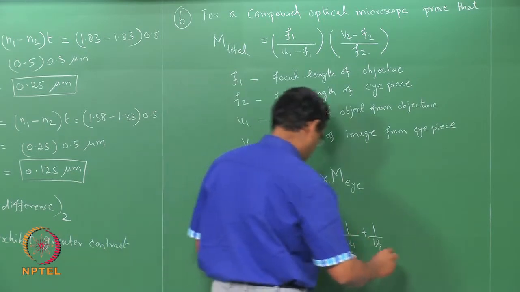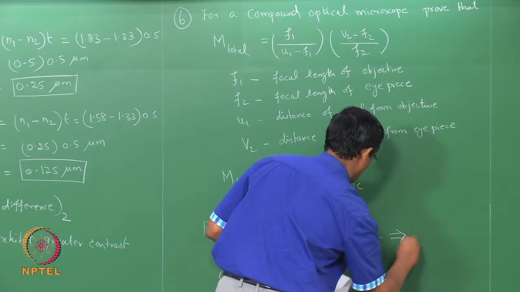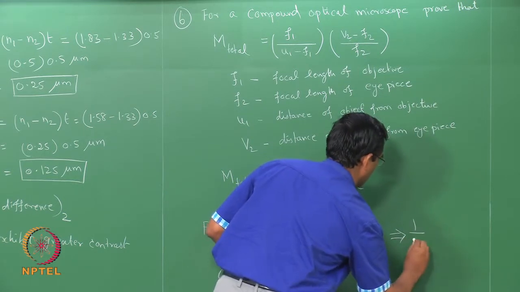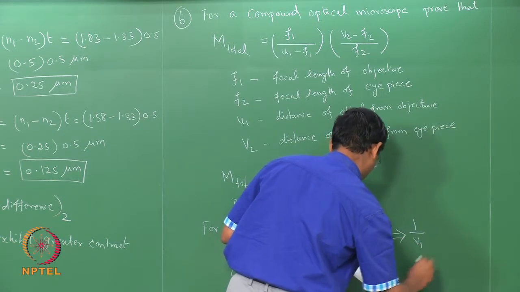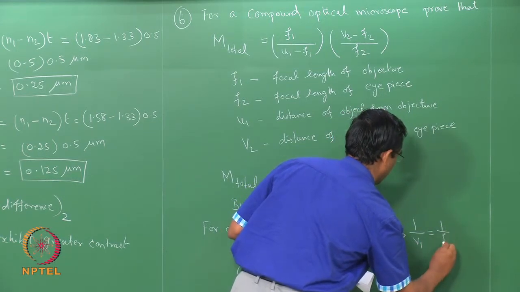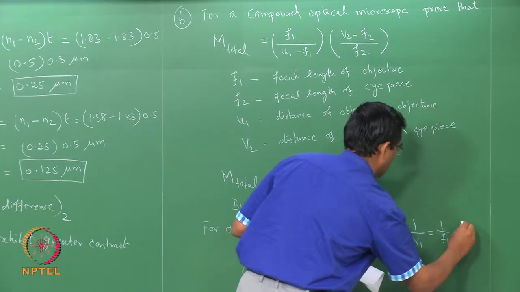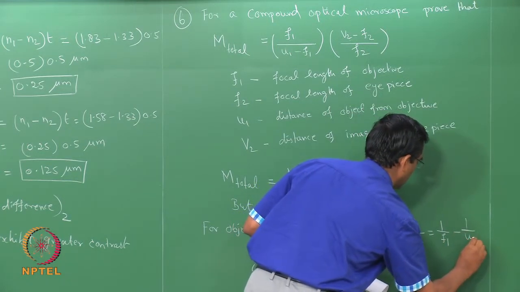So, this can be written as 1 by V1 is equal to 1 by F1 minus 1 by U1.